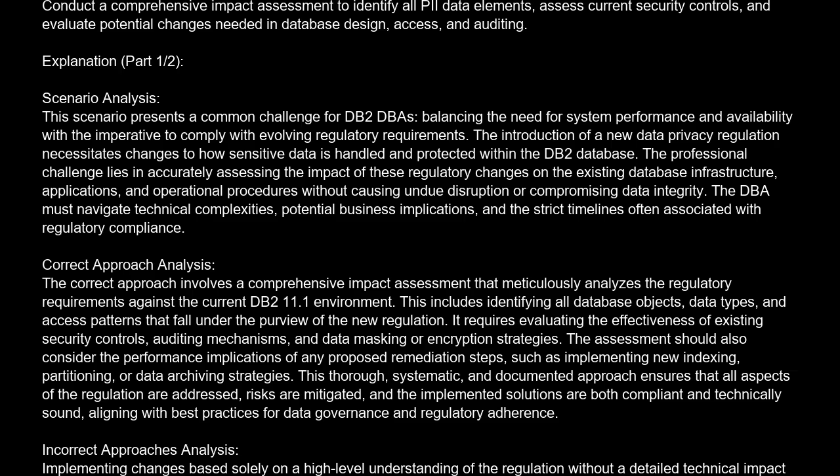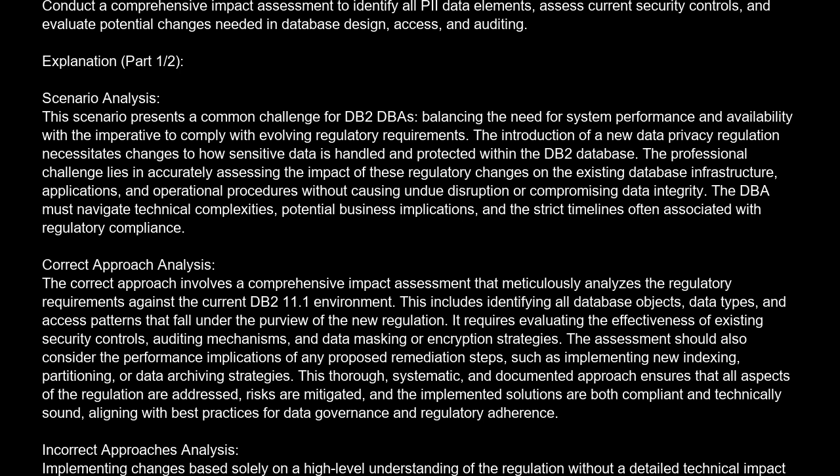Correct approach analysis. The correct approach involves a comprehensive impact assessment that meticulously analyzes the regulatory requirements against the current DB2 environment. This includes identifying all database objects, data types, and access patterns that fall under the purview of the new regulation. It requires evaluating the effectiveness of existing security controls, auditing mechanisms, and data masking or encryption strategies.